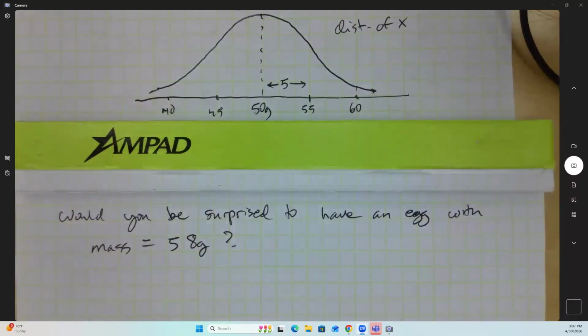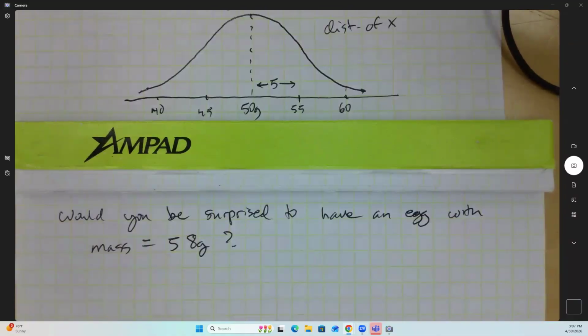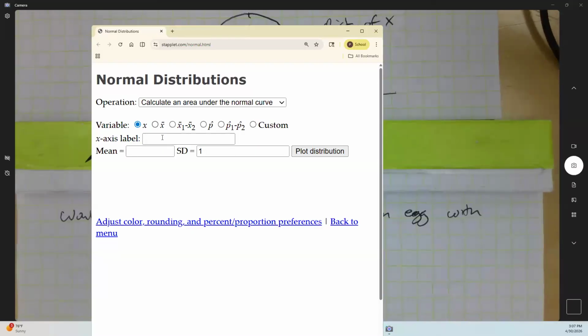So let's grab the app and just confirm our suspicion or the intuition that, well, it's not more than 2 standard deviations, so the probability is not that small. But remember, ultimately, we always make decisions about probabilities when we're talking about statistics.